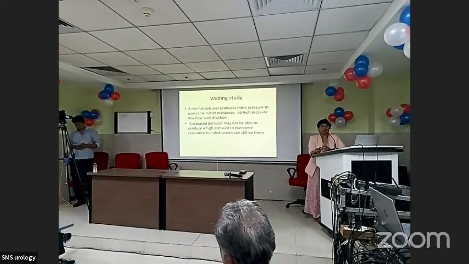Suppose there is an obstruction. Now, whenever there is an obstruction, the detrusor works more and it produces more pressure. So whenever there is a high pressure and low flow, we label it as obstruction. But if there is an obstruction, but the detrusor is weak, compare it to a horse. If there is a very healthy horse and you give him the task of jumping over a fence, he will jump at a very high height. So the detrusor pressure will be very high, and that is obstruction.